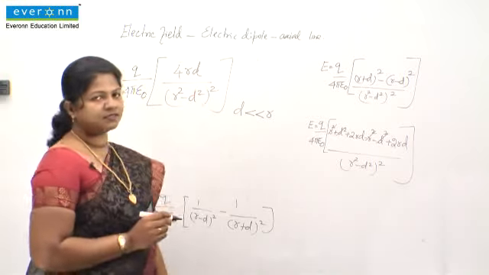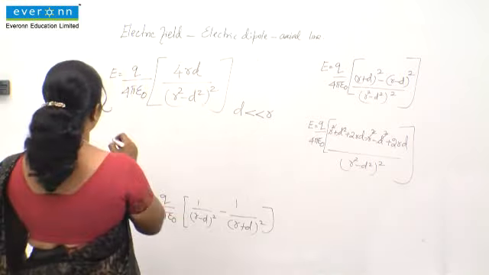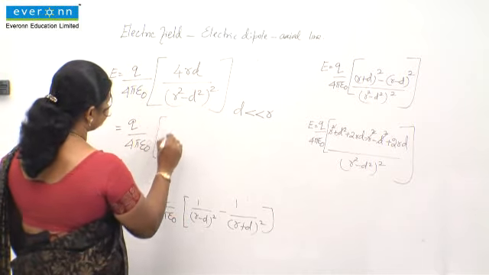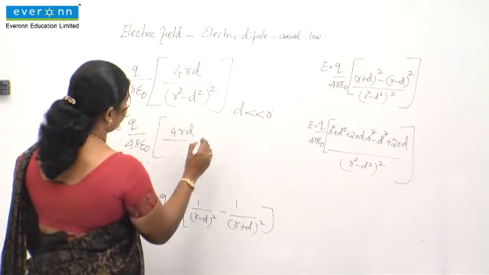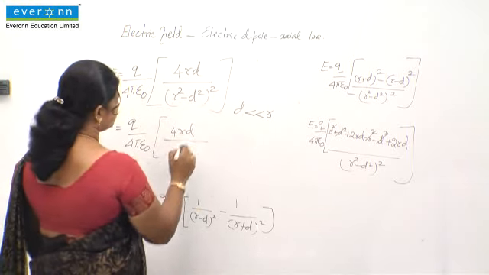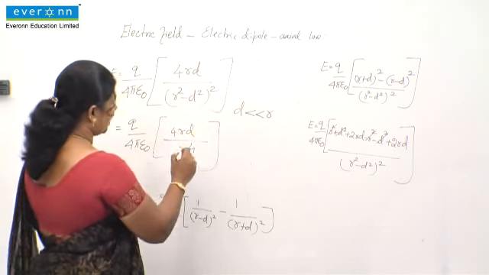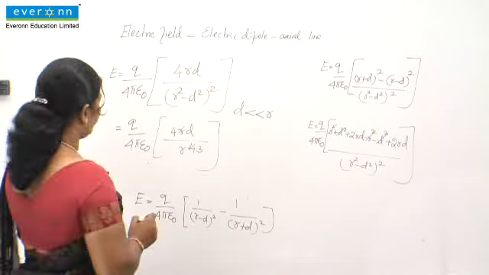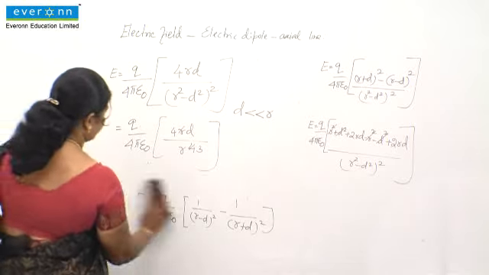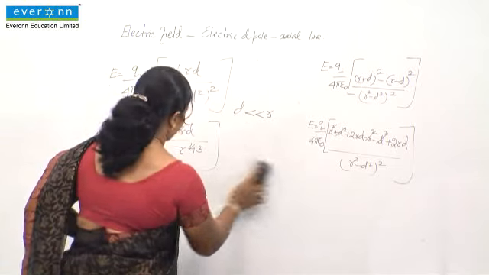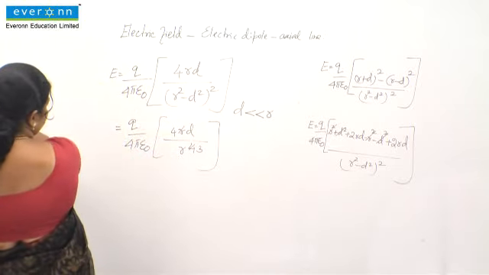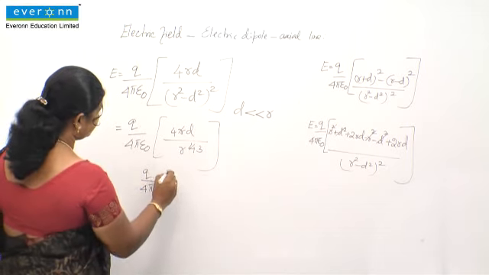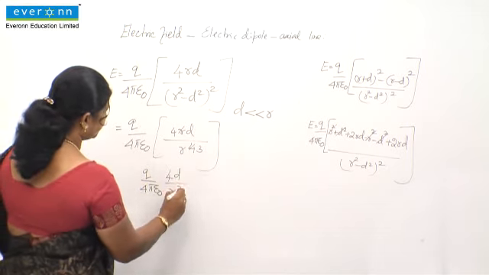Here we can neglect the value of D. So the equation will change as Q by 4 pi epsilon naught, 4RD divided by, since D is neglected, only R power 4, and here one R and this R will get cancelled. So the equation now becomes Q by 4 pi epsilon naught, 4D by R cube.